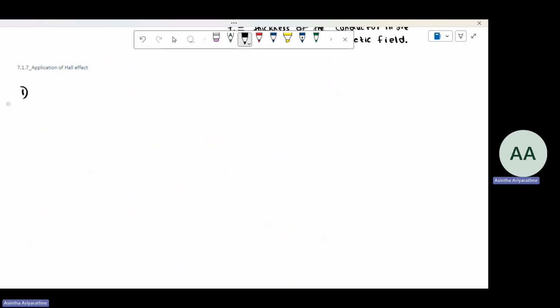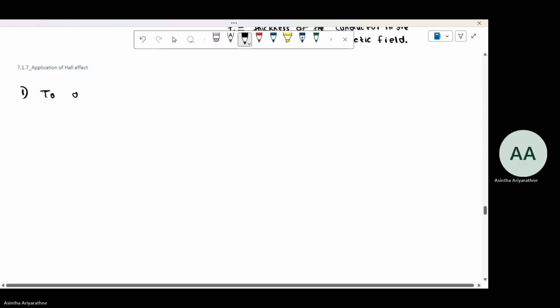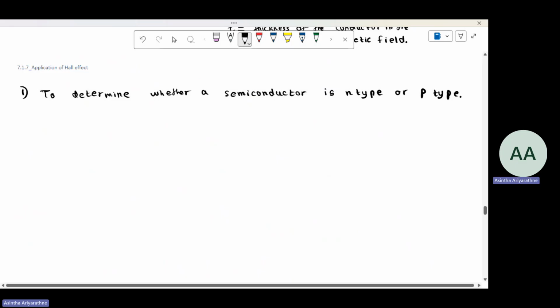So to identify whether a semiconductor is N-type or P-type, the Hall effect could be used.